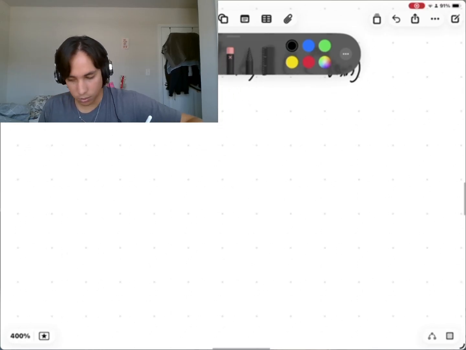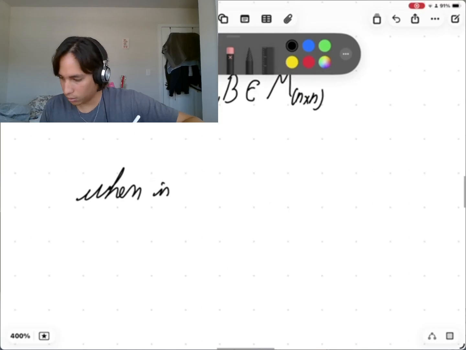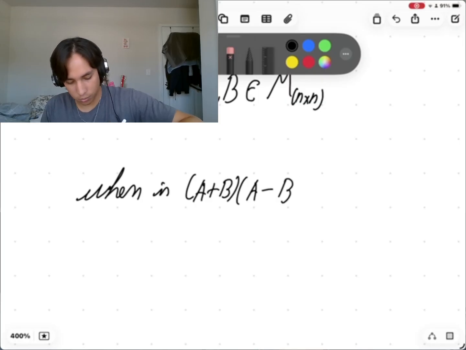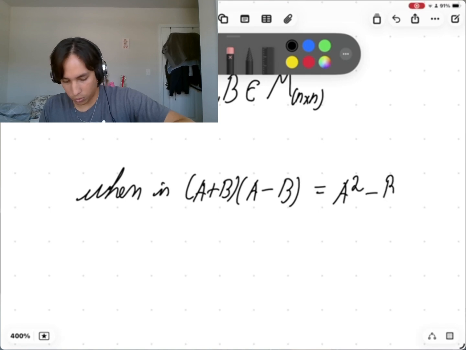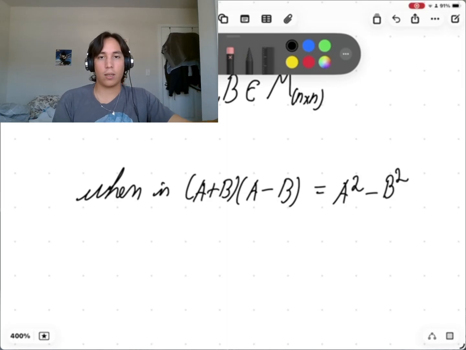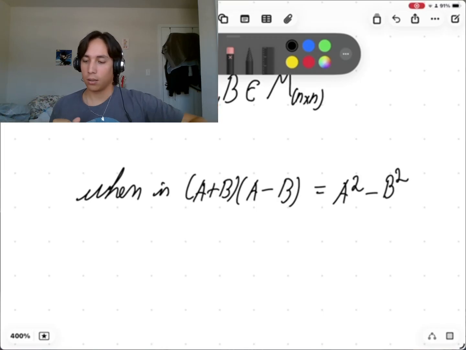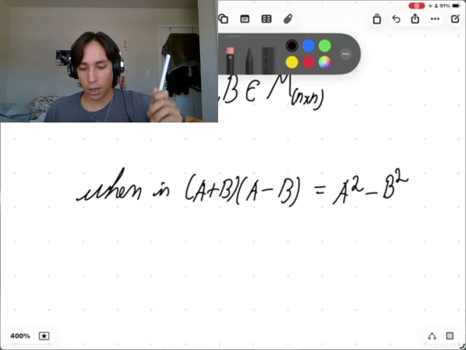The first part of question 10 is: when is (A plus B) times (A minus B) equal to A squared minus B squared? So we're basically asking, when does the usual difference of squares property of numbers apply with matrices?